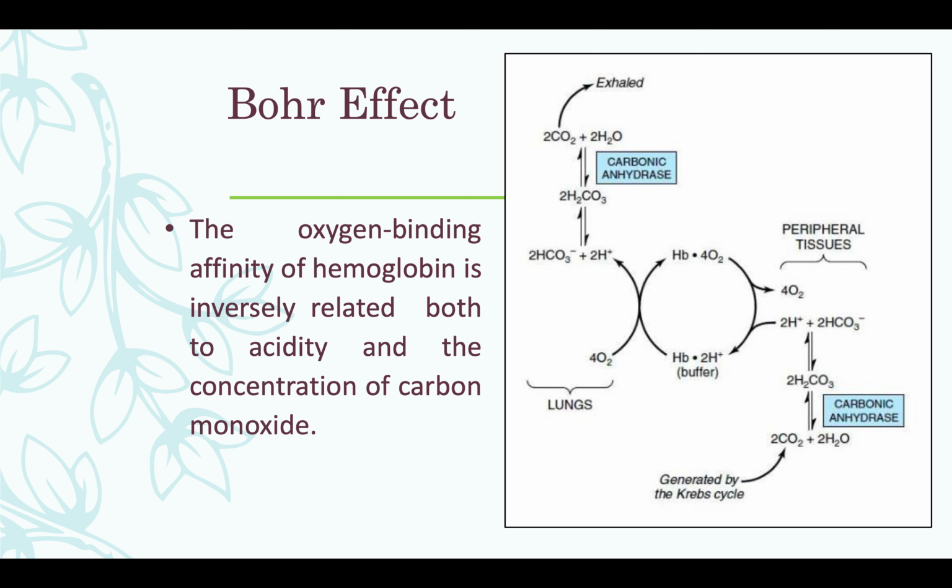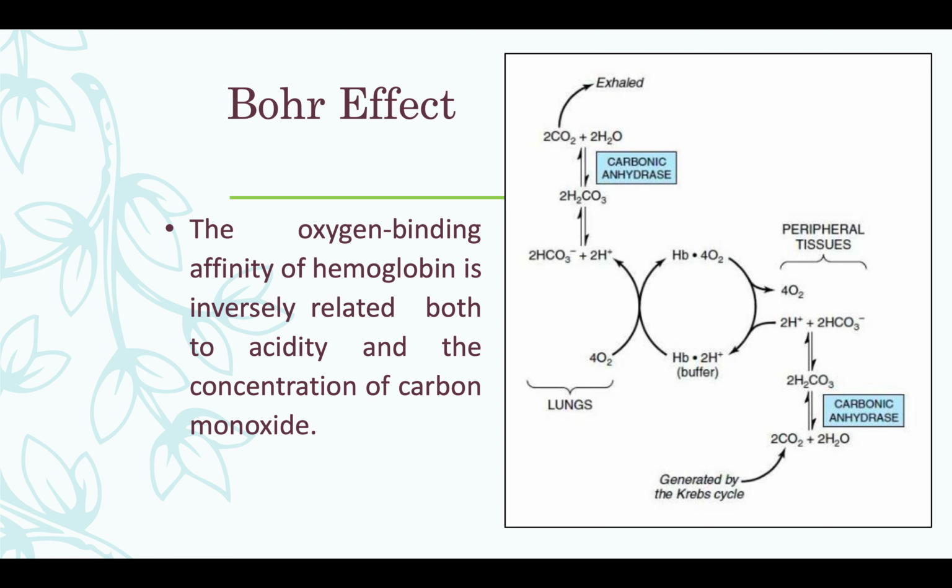As a consequence, the carbonic acid will exist in its deprotonated form. So you have your HCO3 negative, or bicarbonate ion, releasing protons. So that is where the protons come from.